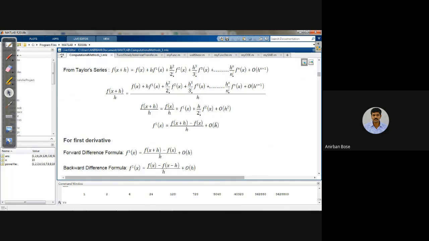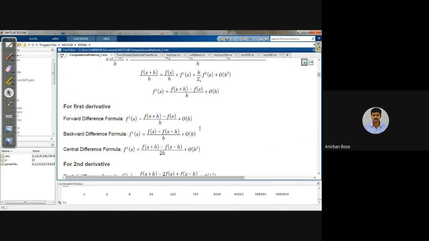The leading order term is h, that is the order of truncation error that you can see here. But here the formula is the forward difference formula that has been used. You can also consider the backward difference or the central difference formula.